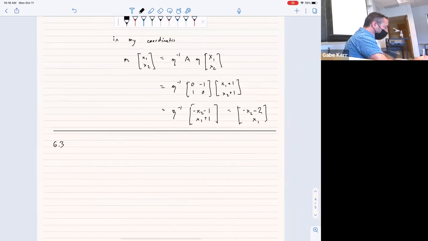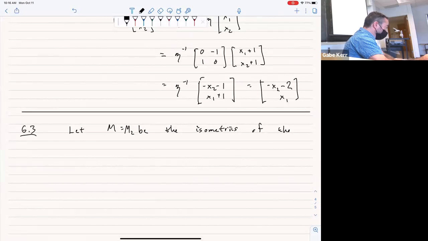All right, so for 6.3, which we should just break into a little bit today, we have the isometries of the plane. We're going to study the isometries of the plane. And so this is M2.